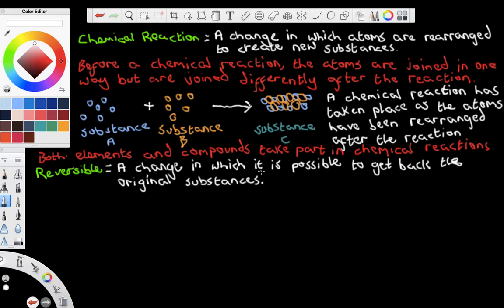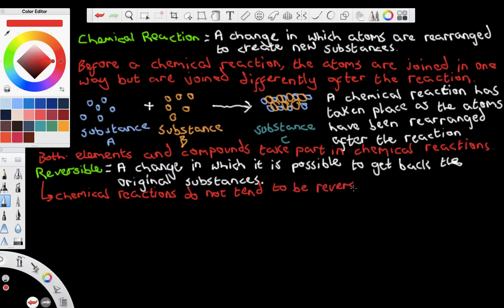Now, chemical reactions do not tend to be reversible. Okay, it's very hard to get back the substances that you started with. So I'm going to put underneath here that chemical reactions do not tend to be reversible. Full stop. Okay.